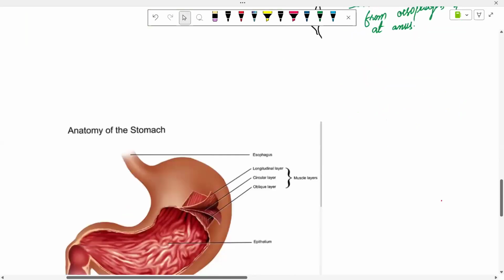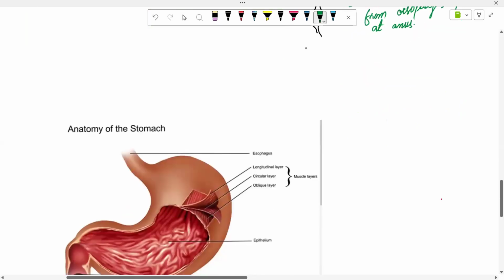Then from the esophagus, the bolus enters the stomach through a special sphincter which is known as the cardiac sphincter.